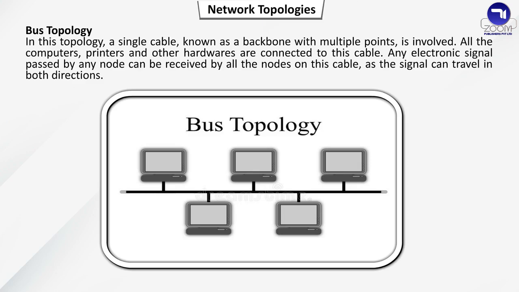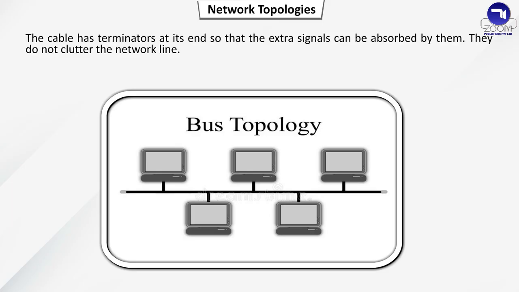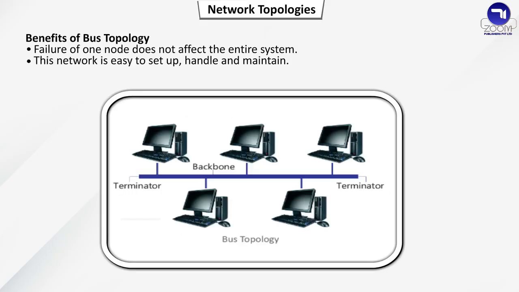Any electronic signal passed by any node can be received by all the nodes on this cable, as the signal can travel in both directions. The cable has terminators at its end so that the extra signals can be absorbed by them. They do not clutter the network line.